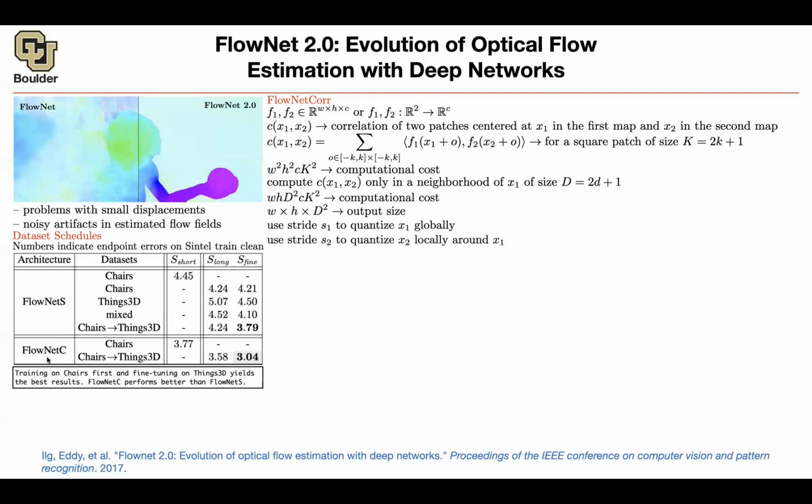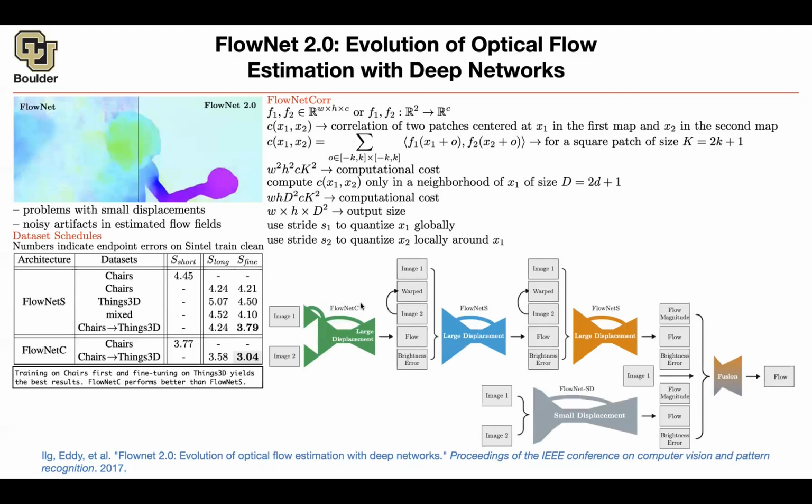Now you can use the benefits of FlowNetC, and at the same time it's not too costly, and you have the cost under your control. Depending on your device, you can play around with D, which is a hyperparameter. This is the entire architecture. It looks a little bit complicated at first sight, but at the end of the day, 2 images are going to go in.